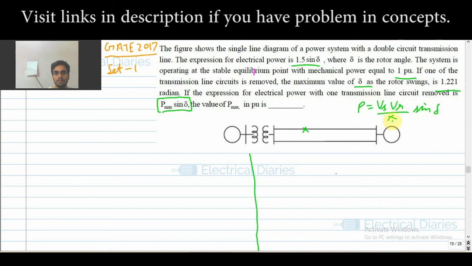Initially your reactance was, let me say, x1, x2, or simply x. We don't know, so just for your understanding, let me take it as x.